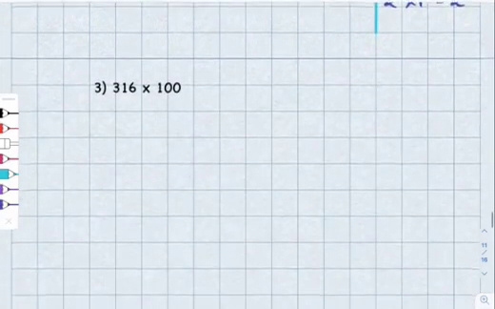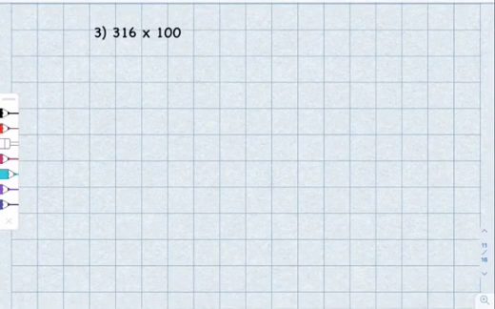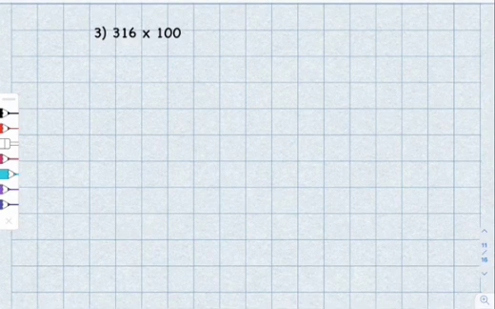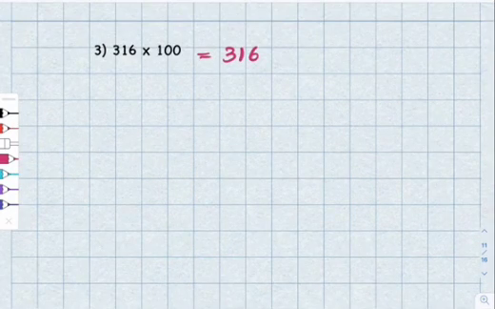Next, moving on to another problem. When any number is multiplied by just say tens, hundreds, thousands, 10,000s, then there is a simple way that you can follow. For example, 316 into 100 here. We can just write, see, when you multiply this, what you get is 316 and add these two zeros here.